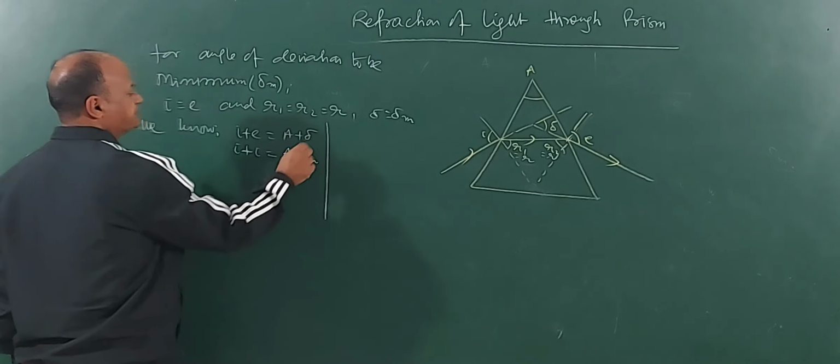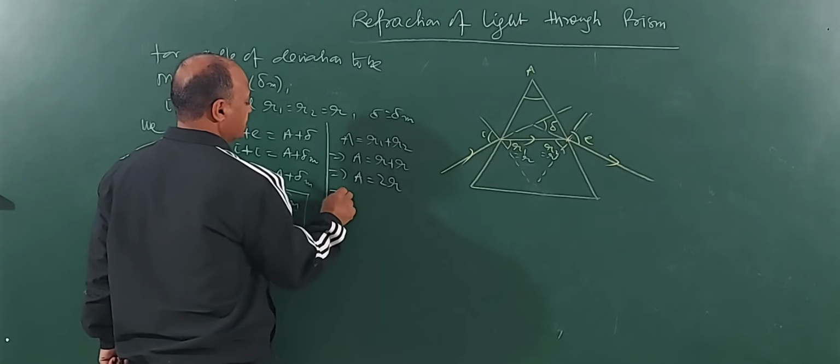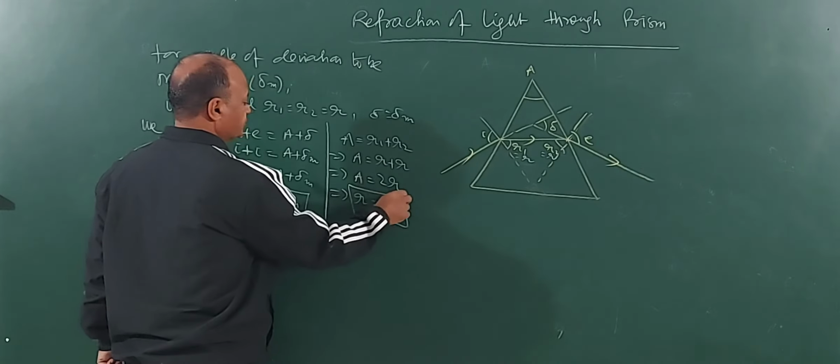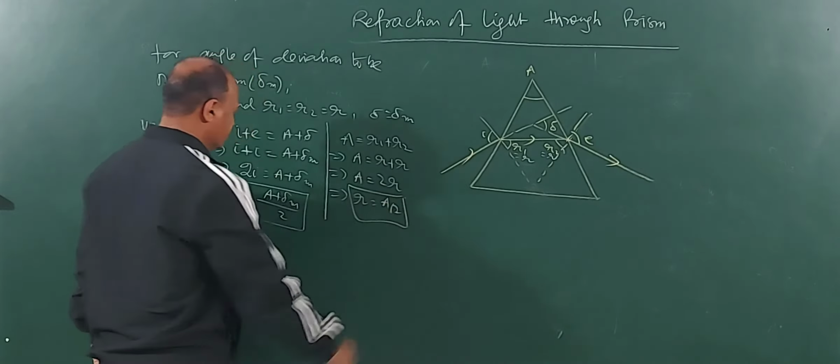Now if I go to the other equation, A equals R1 plus R2, so A is R plus R, A equals twice R. Then R is A by 2. So children, we got the value of I in terms of A and delta m, and we got the value of R in terms of the prism angle, that is R equals A by 2.